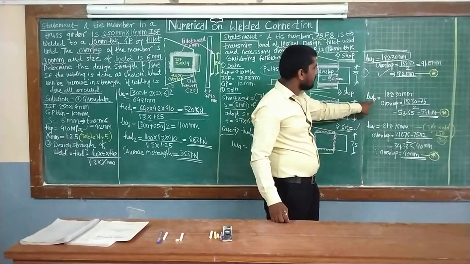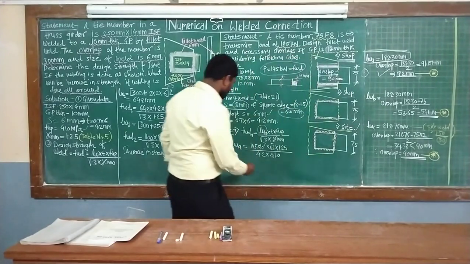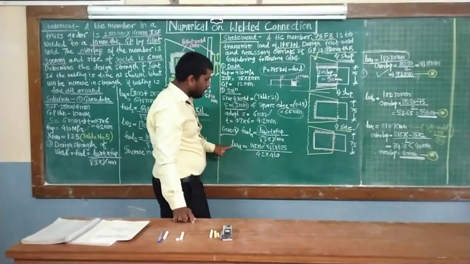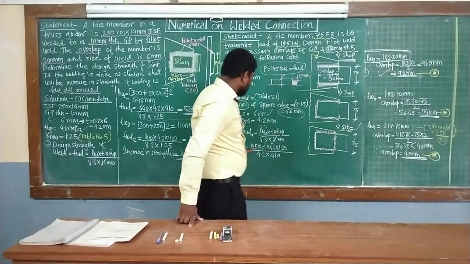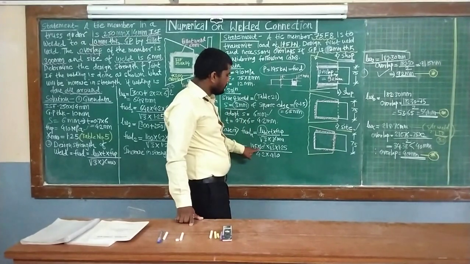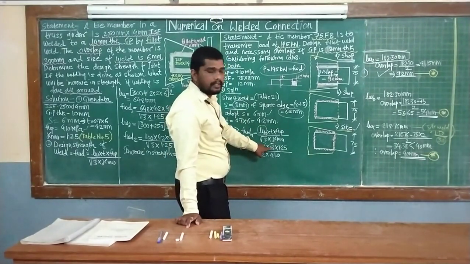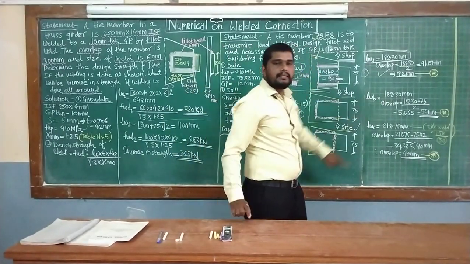So the length of the weld for this B condition, we are going to find out. Dealing with the same equation, L_wb equals 145 into 10 to the power 3, which is already known, into root 3 into the partial safety factor.